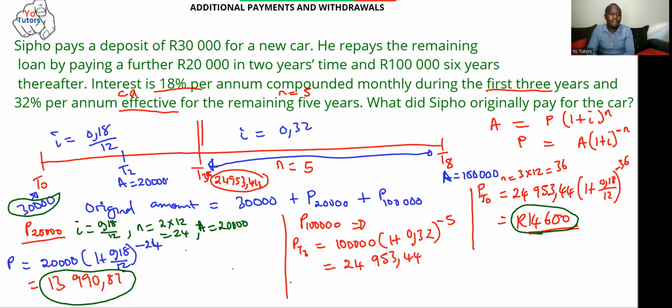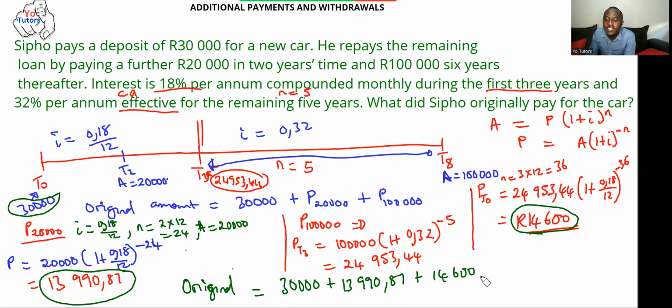Our original is going to be equal to 30,000 plus the 13,999.87 plus 14,600, which is going to give us, let's do that.